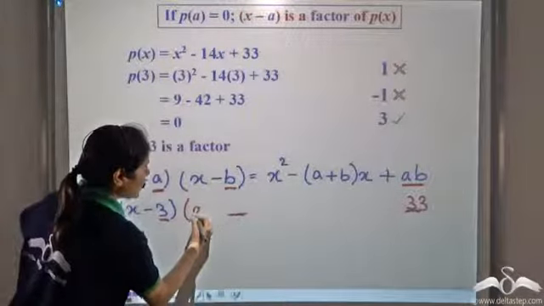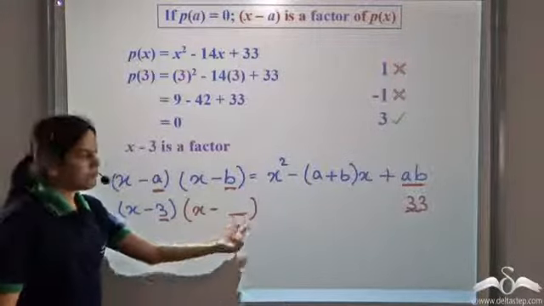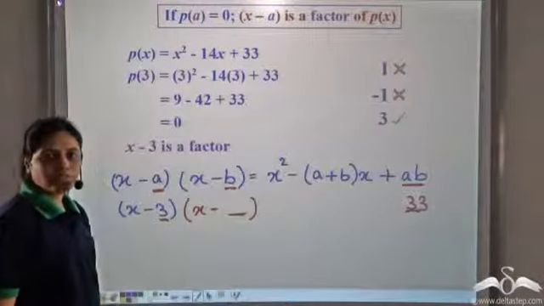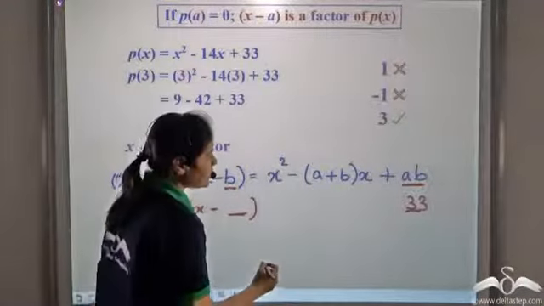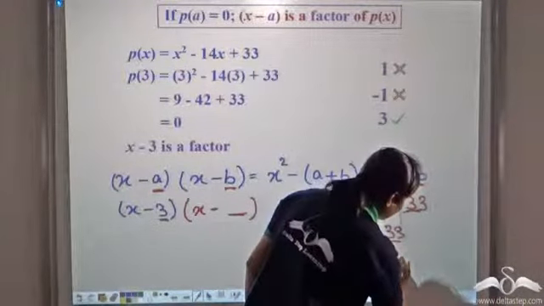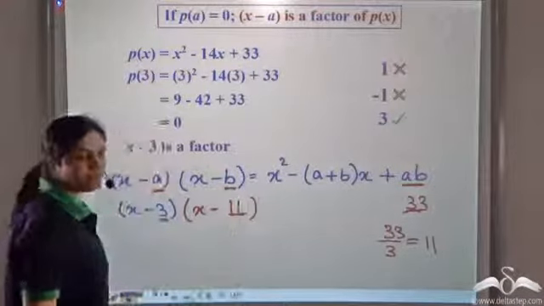That is x minus, what will be there in this blank? 33 divided by 3 is equal to 11. We should have 11 here.